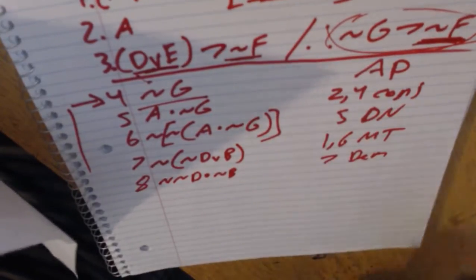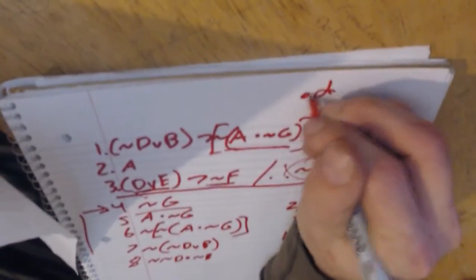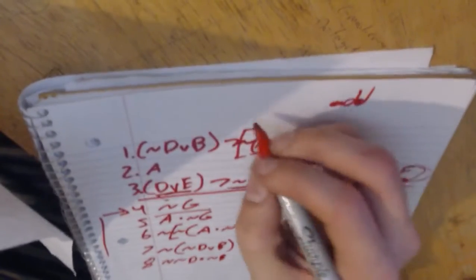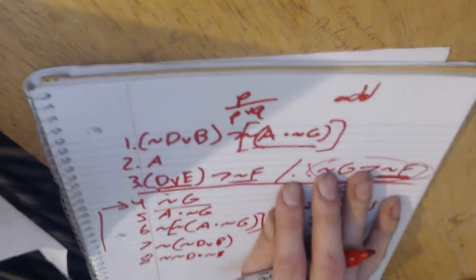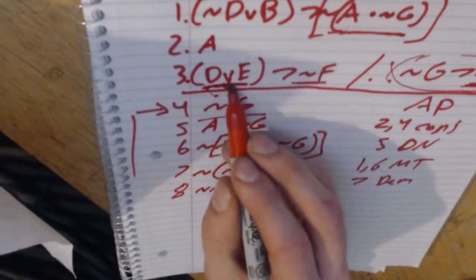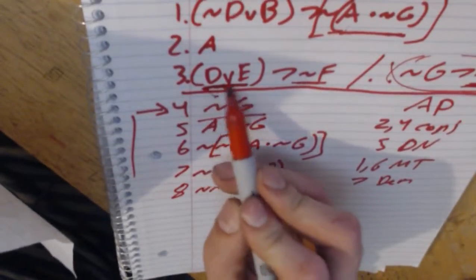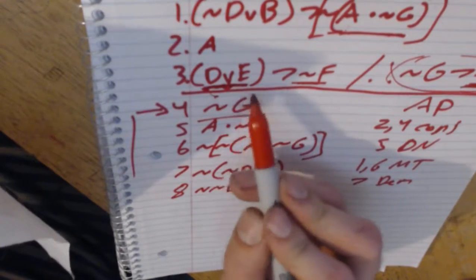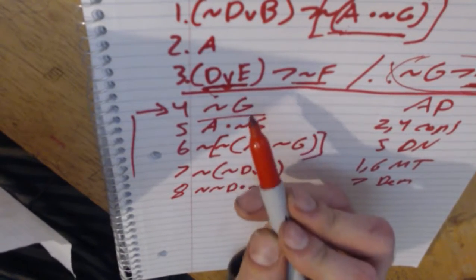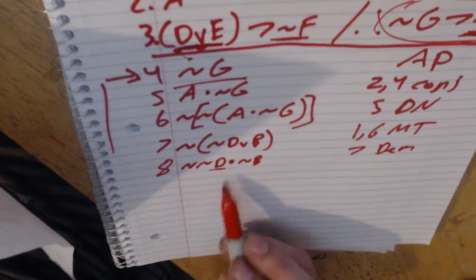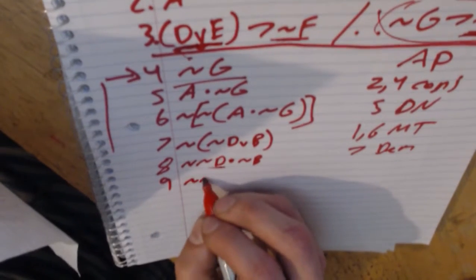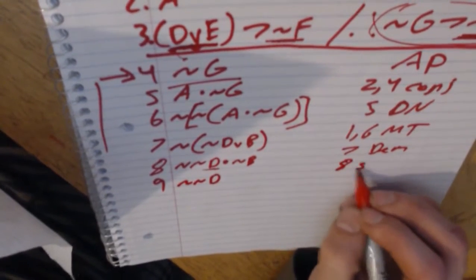And we know the rule addition allows us to take any variable and add any variable to it with the or statement. And luckily for us, we have a D or E. So if we can just get D or E, just either one of them, we can add the other one to it. And right now, we have a not D. So let's simplify that.